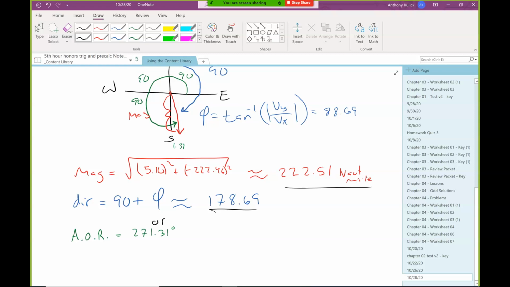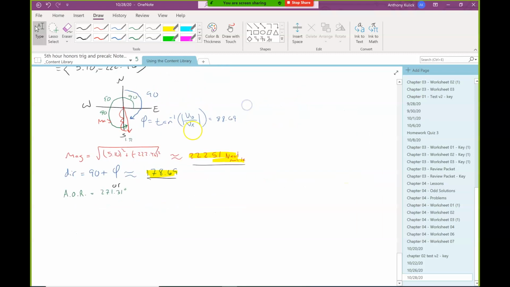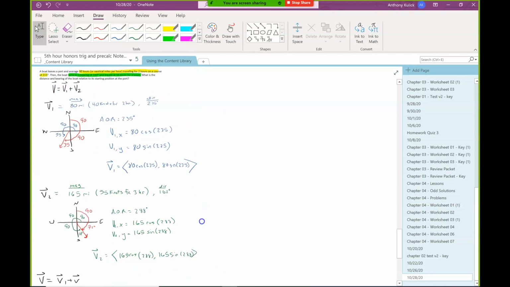So let's just go back through that and summarize again the process that we used, because it took a little while to get to the end, right? Probably doesn't hurt to go back and look at it again in broad strokes. So what I did is I took each of the vectors described in my problem, and I transformed them from being in the form of magnitude and direction into this component form.